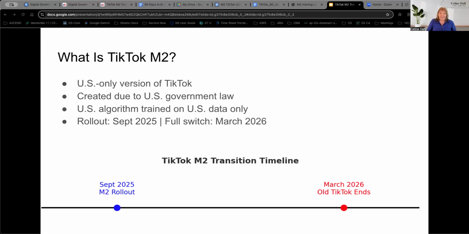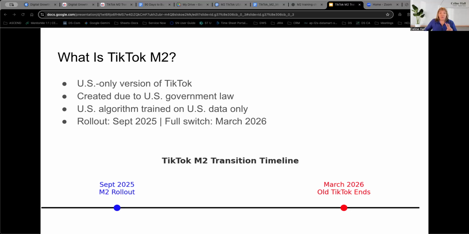It exists because the US government has passed a law that requires ByteDance, which is TikTok's parent company, to either sell its US operations or fully separate them out. So in order to comply, ByteDance has created a completely new version called M2 for the US only.